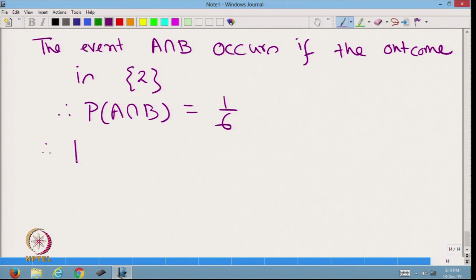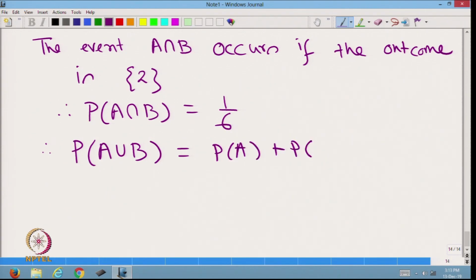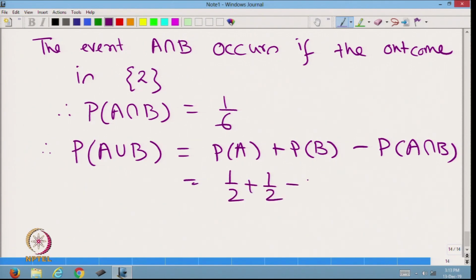Therefore, by our formula, probability of A union B should be probability of A plus probability of B minus probability of A intersection B, is equal to half plus half minus 1 by 6, is equal to 3 plus 3 minus 1, is equal to 5 by 6. So, we verify the formula with respect to one example as well.